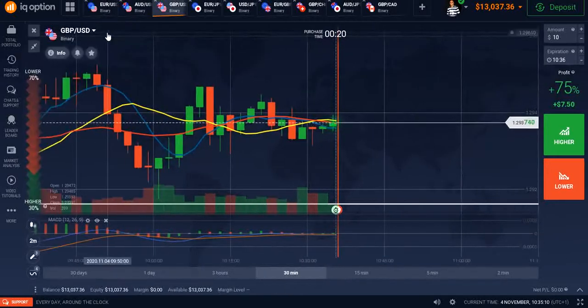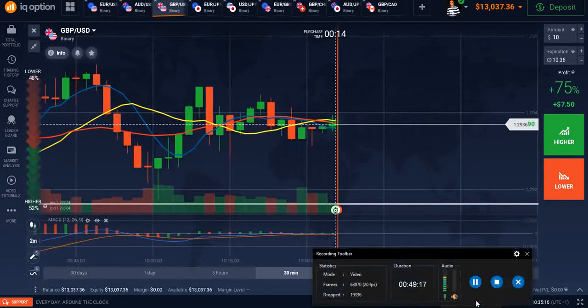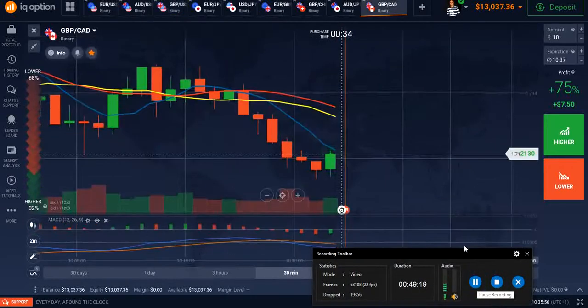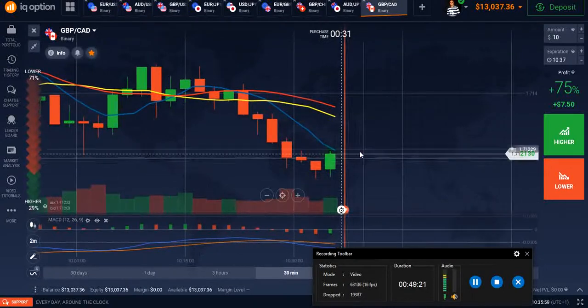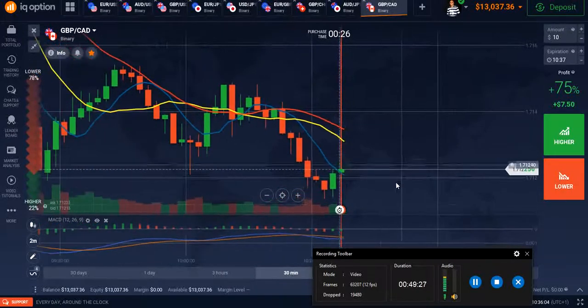So that's it, guys. Let's just look for a signal entry. If I see anywhere to trade, I will share with you guys how I go about it. So yeah, guys, see here, I'm seeing a signal right here. You can see my first signal here.